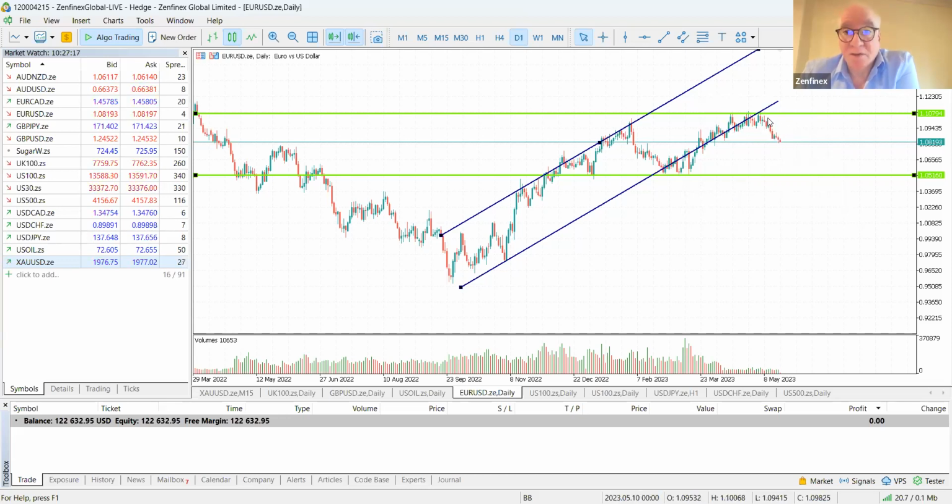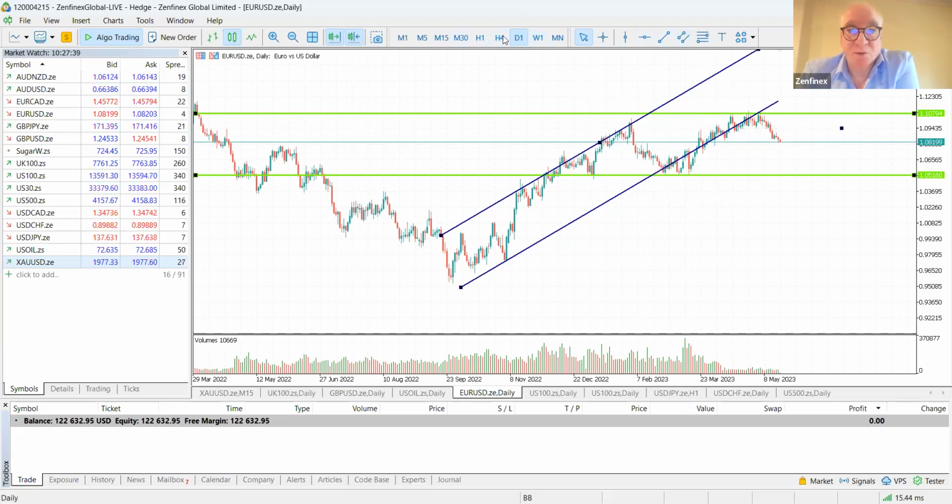Obviously from a daily perspective, the last 10, 15 days have been weak, but let's now see if we can find places where we might be able to find trades. So if I draw another, there's not enough for a channel just yet. All I can really do is draw a trend line.